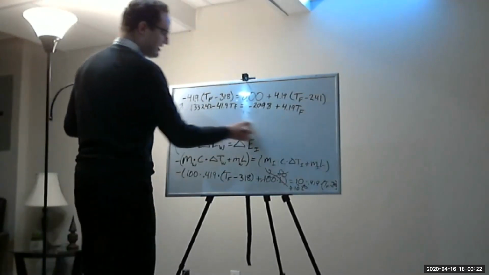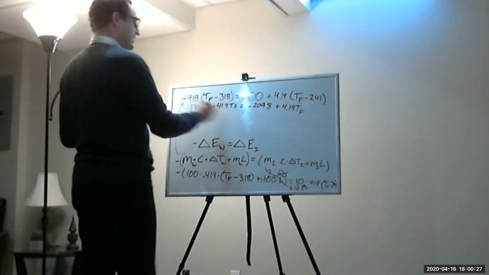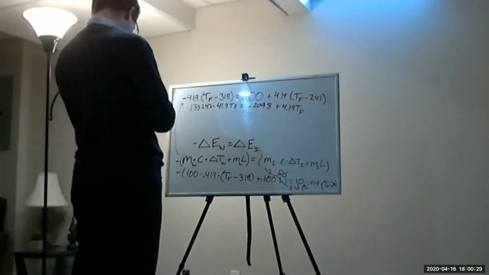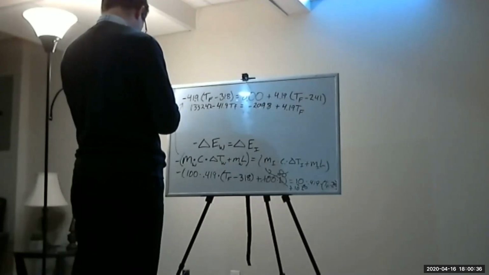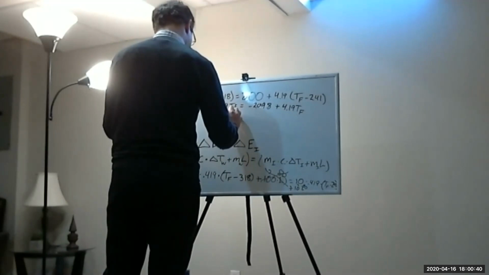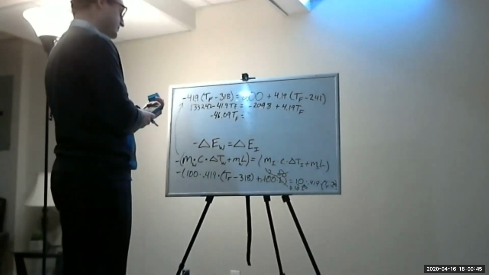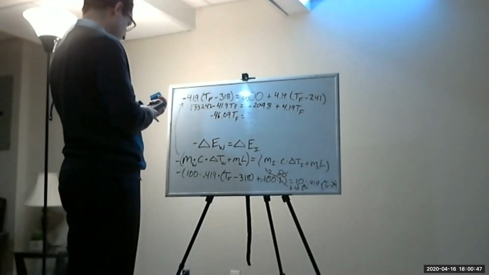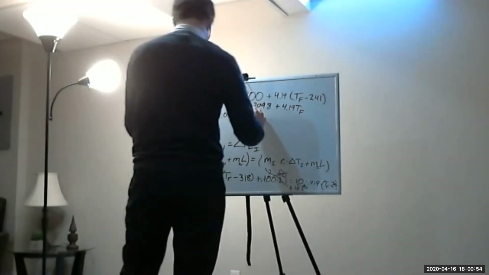Okay, but TF is still not on one side by itself. I'm going to move this over to here and this over to here, such that I get negative 46.09 TF equals this huge thing.